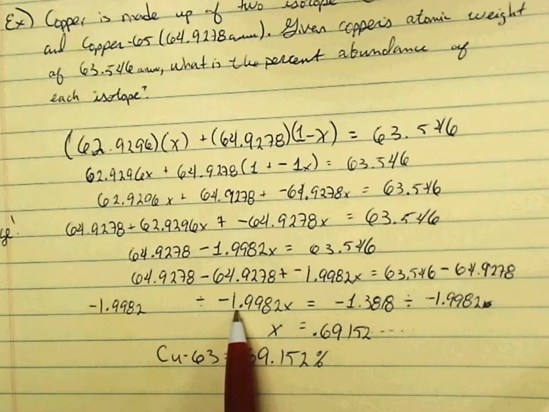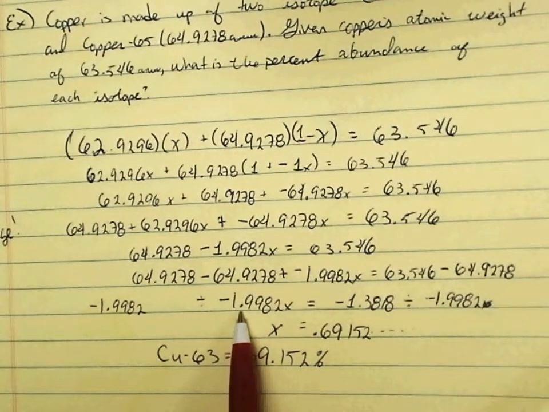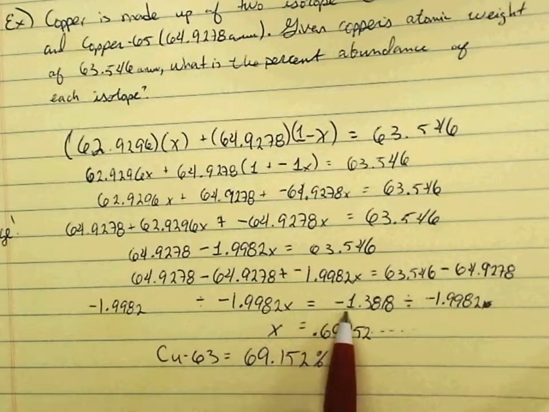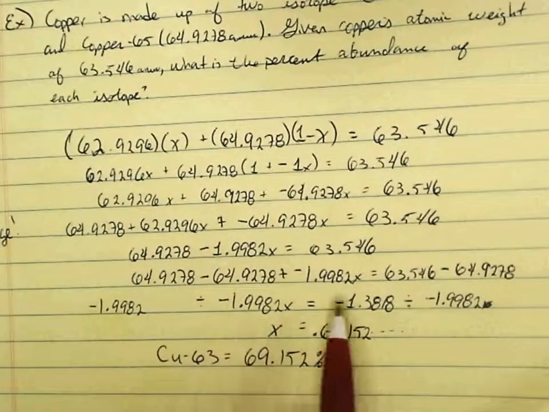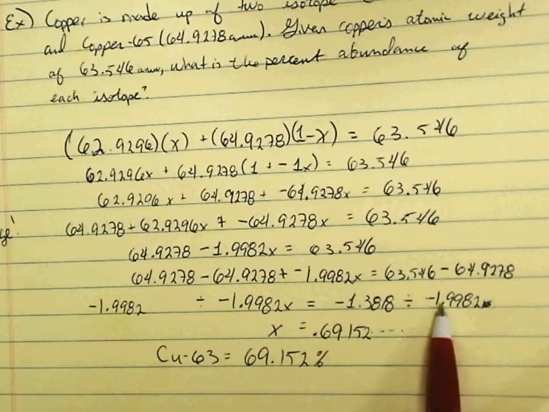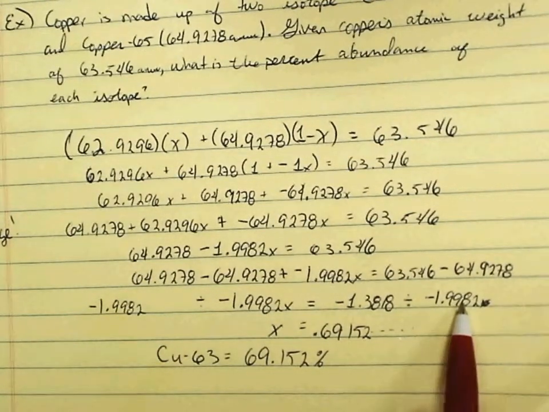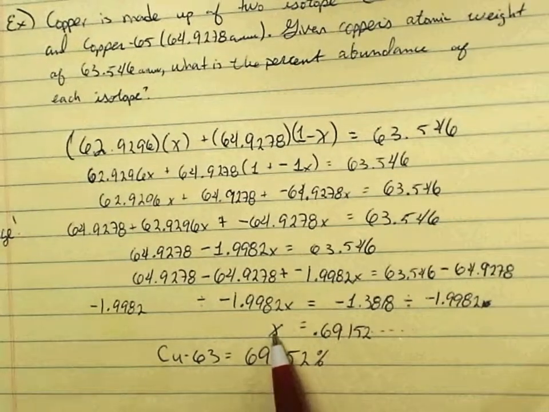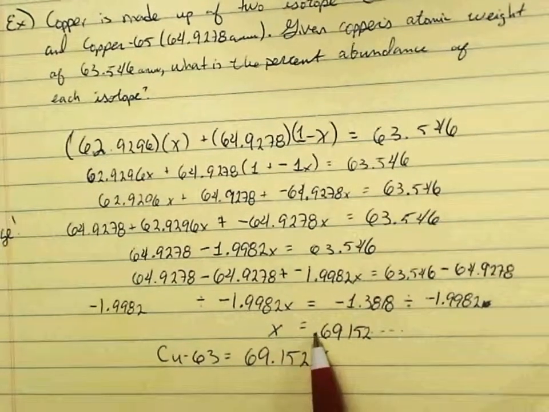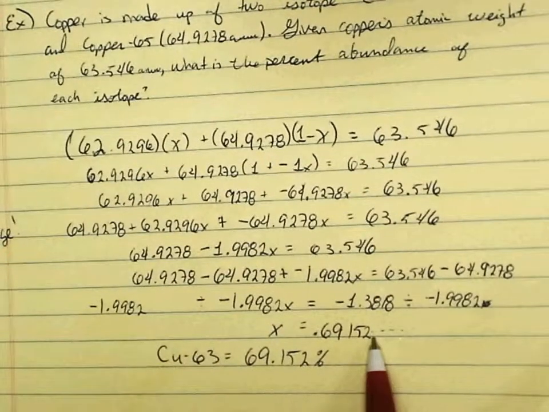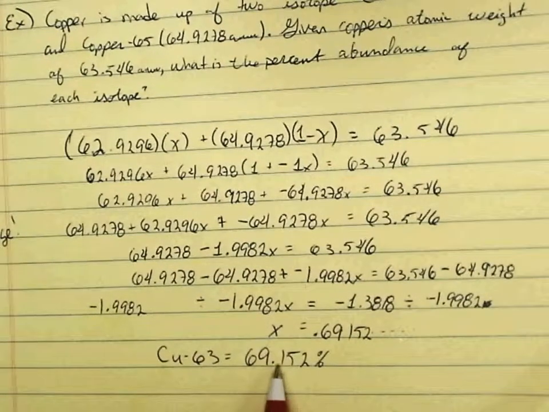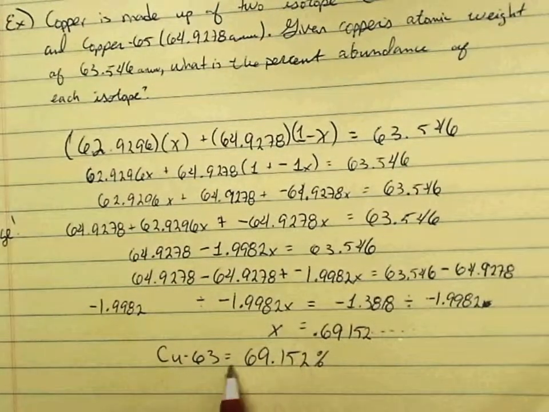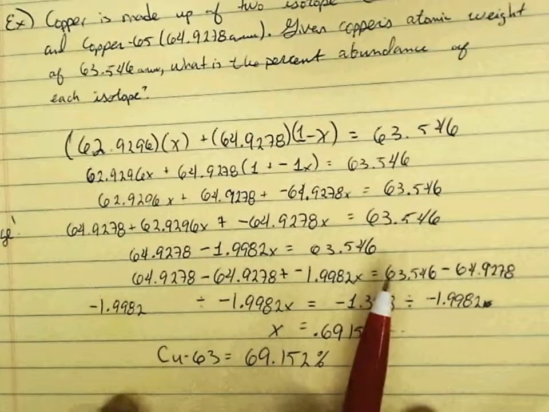I'm going to end up with negative 1.9982x is equal to negative 1.3818, and I'm going to divide by negative 1.9982, leaving me x, and I'm going to end up with a decimal of 0.691522 with trailing digits. I'm going to turn this into a percentage, so 69.152% of my copper is copper 63.